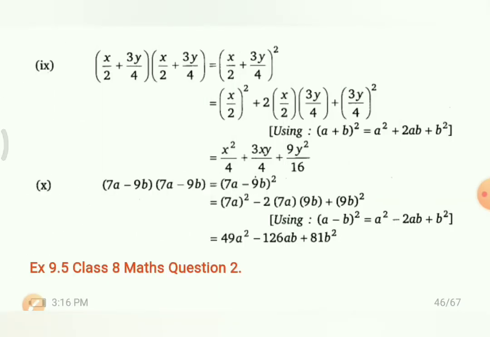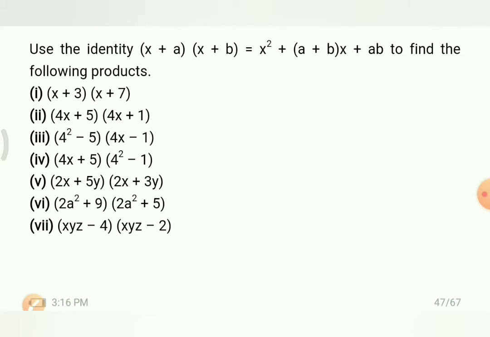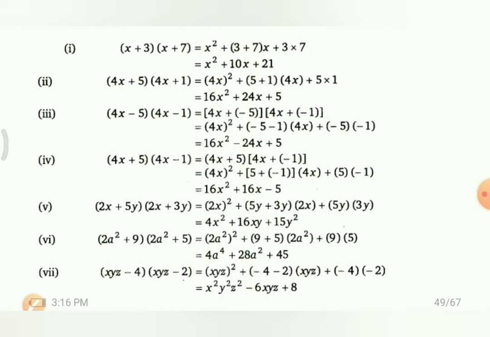Now let's try and solve question number 2. It says that using identity x plus a into x plus b, we have to find the following products. They've given the answer over here of that identity number 4. So x plus a, x plus b, if you multiply you get x square plus a plus b x plus ab. Okay. So now let's try and solve first number sum. It says that x plus 3 into bracket x plus 7.